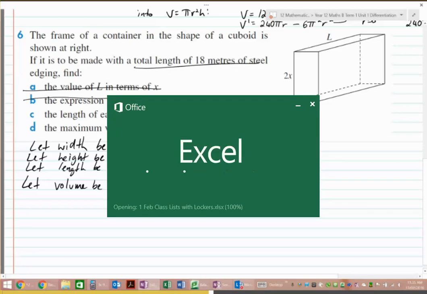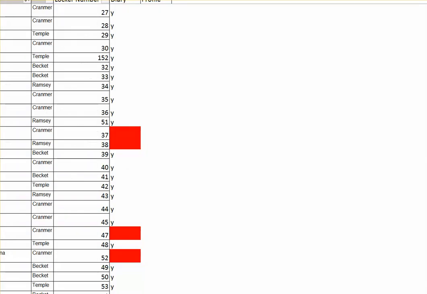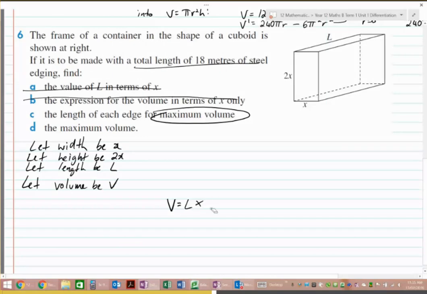I know that I'm really after these three things multiplied together. So x times 2x times L, or I can write it as 2x squared L.